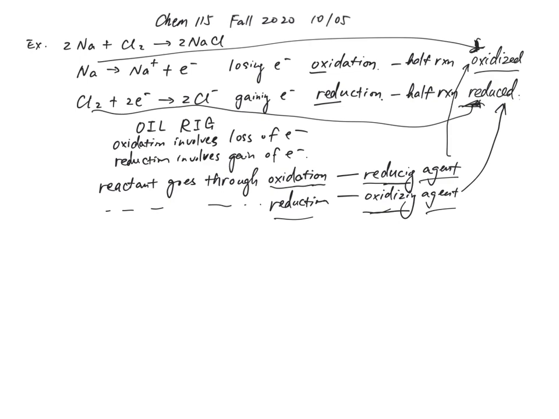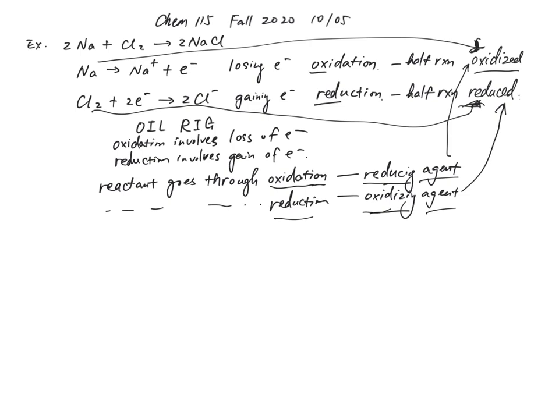And now, given a chemical reaction, given a redox reaction, how do I know who is oxidized and who is reduced? How do I tell? Well, you've got to be able to figure out who's losing electrons and who's gaining electrons.